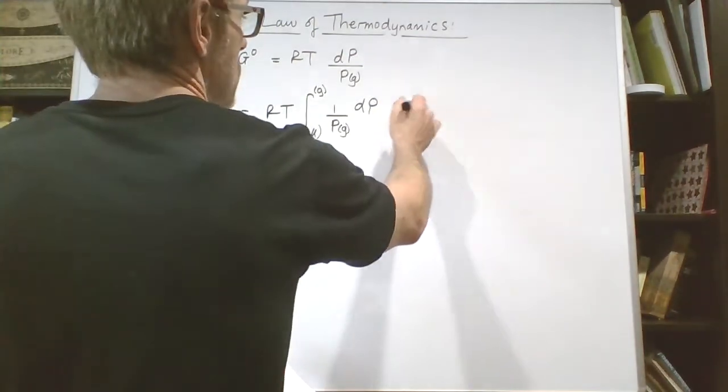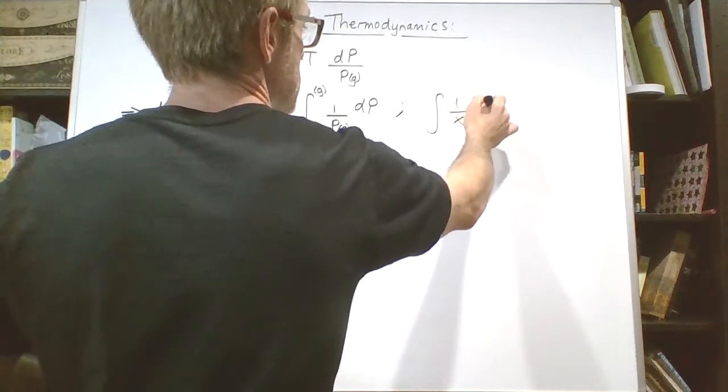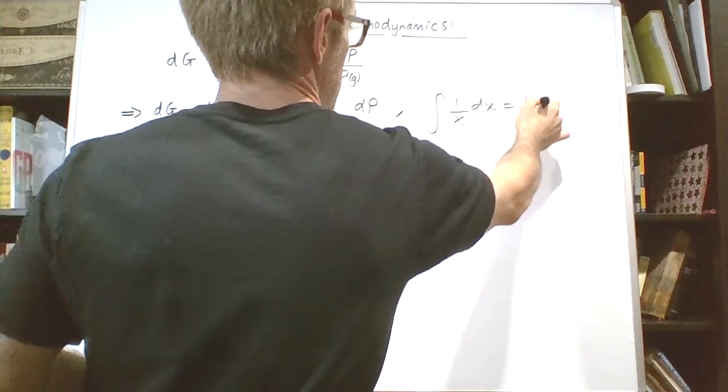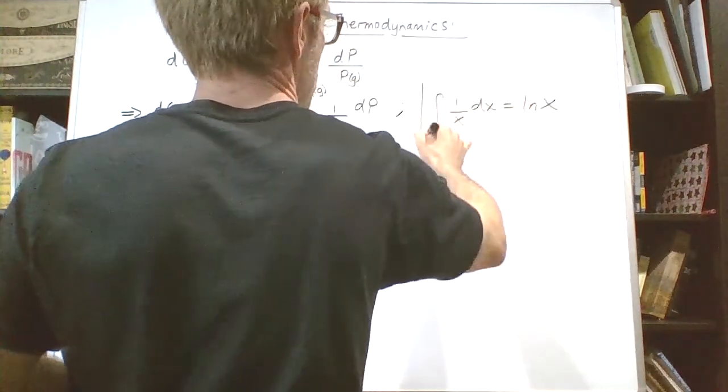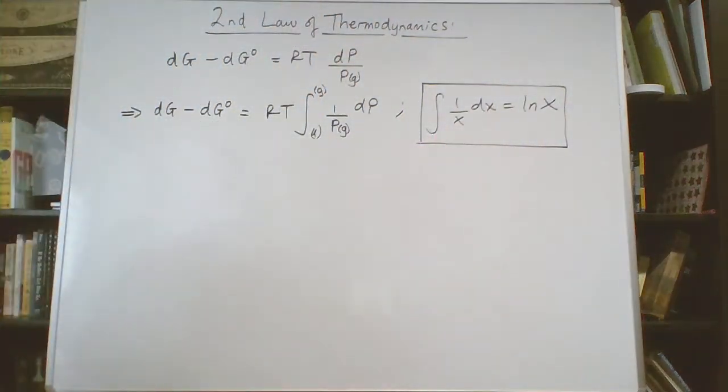And recall that the sum of 1 over x as x itself changes is log base e of x. This is a fact that we've seen before that we'll be using frequently in general chemistry.